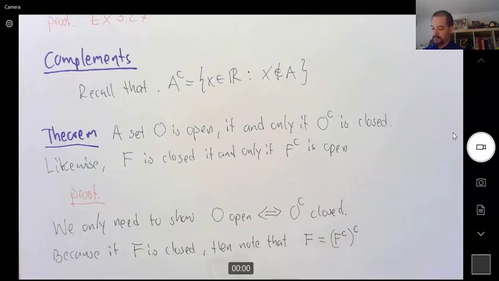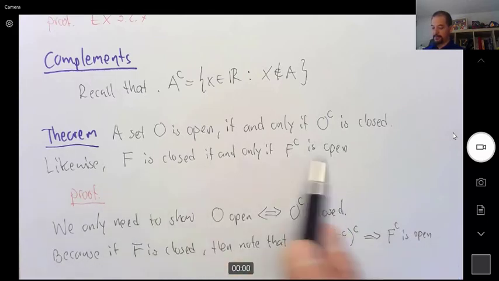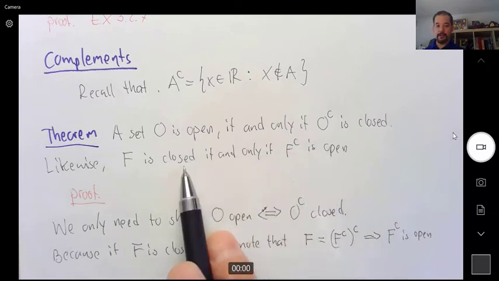So if F is closed, I can use this one and go back. If I already had the first one, I know if something is open, going backwards tells me that F complement is open. So F is closed, and that tells me F complement is open. Wow, that's exactly what we wanted to prove, right?